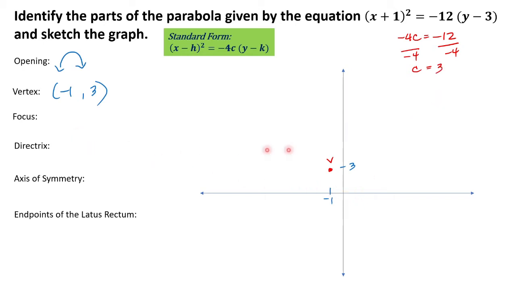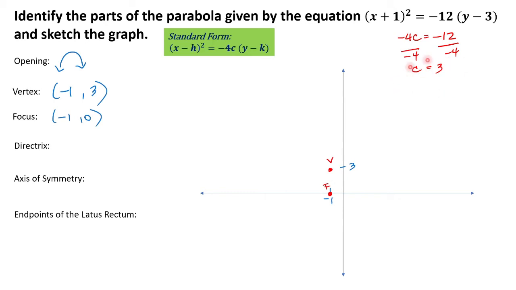Therefore, our focus is 3 units away from our vertex. So if I have negative 1, 3, our focus would land at negative 1, 0. So this is our focus, negative 1, 0.